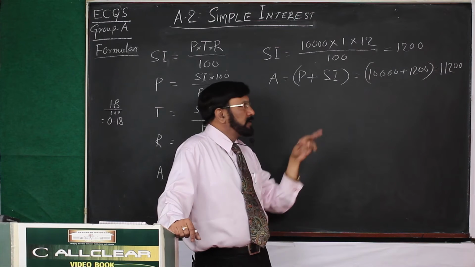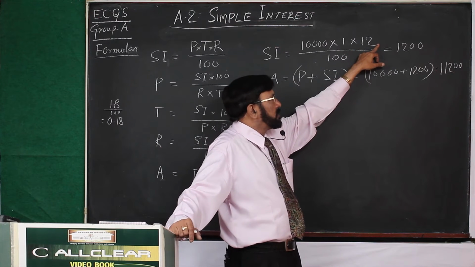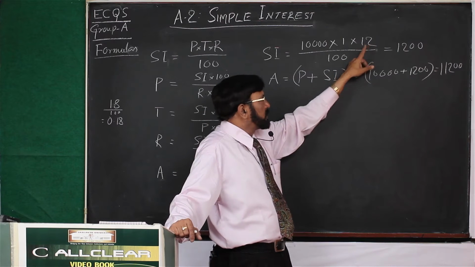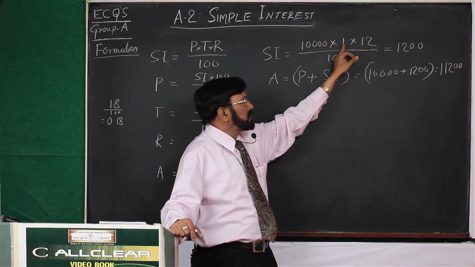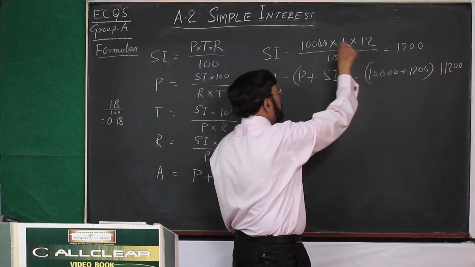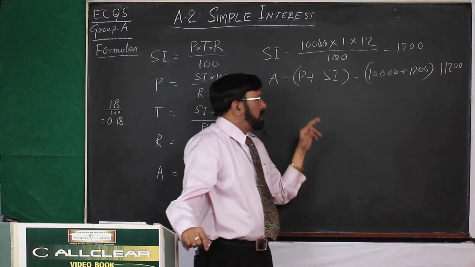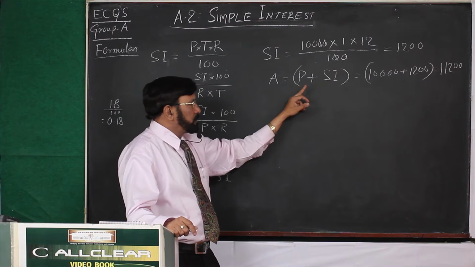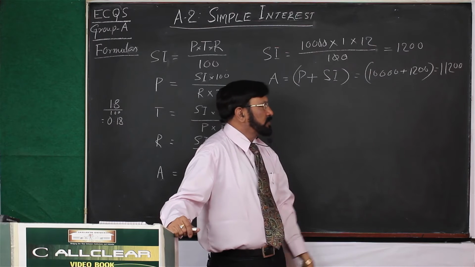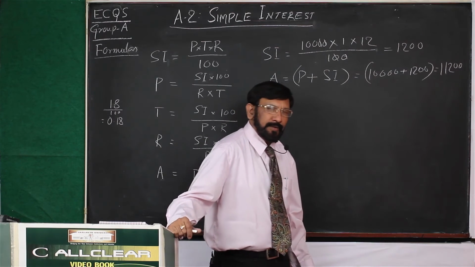Then you have to convert it to per year, per 100, and put it here: 10,000 into 1 into 12 by 100, then this goes, then 1,200. Now, amount is P plus SI, then 10,000 plus 1,200, 11,200.